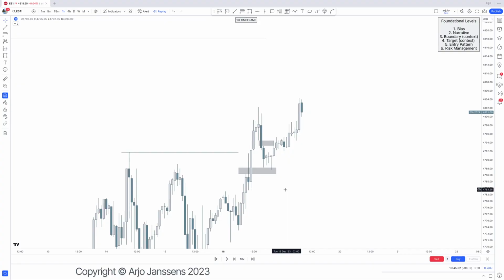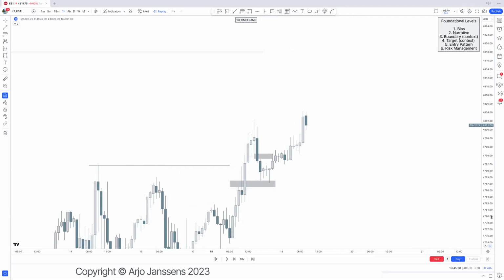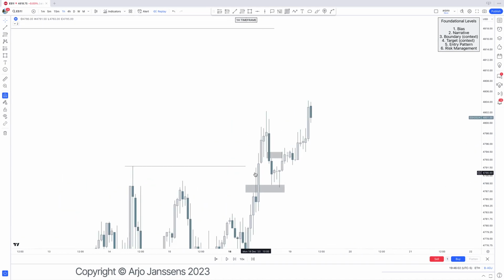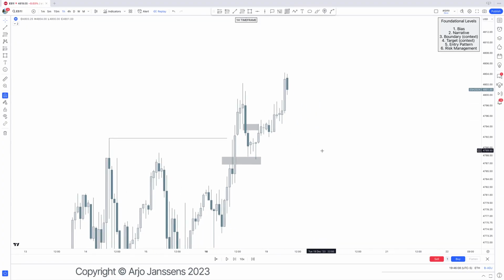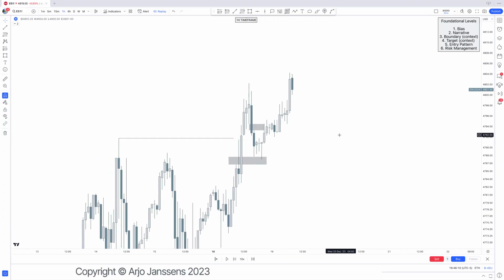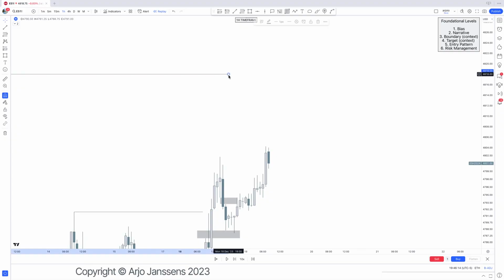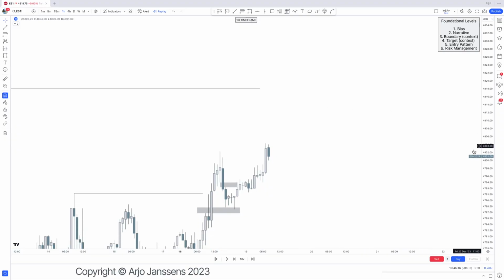But the 1 hour, by the time we look at the chart again, has changed so much. So right here on the 1 hour, we now want to see, all right, well, we are clearly not sweeping this high. So if we are not sweeping that high, then what does that mean? Well, that might mean that we actually want to continue higher towards the next PD array that we have right there.